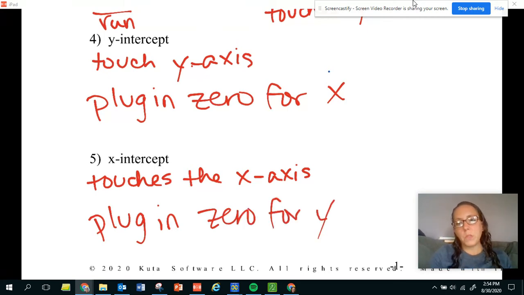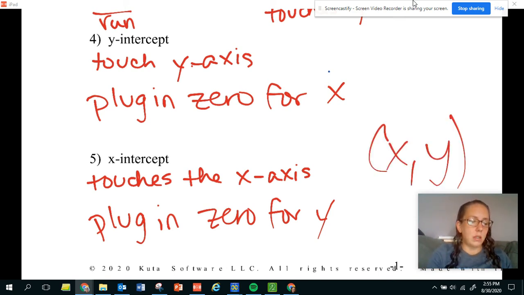They'll give you both, because at that point, when you're plotting a point that is on the y-axis, the x value is 0, and same vice versa. And remember that all points are written x comma y, alphabetical order, if that helps.